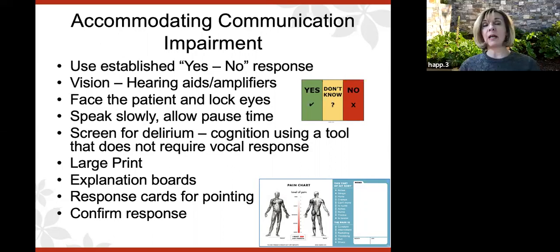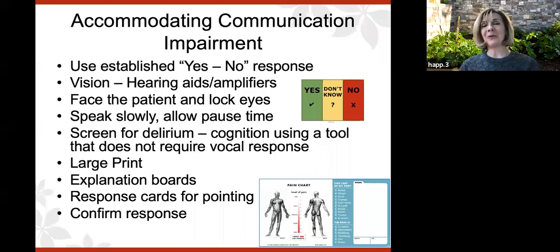Certainly providing hearing aids or hearing amplifiers. There are a variety of choices there. Facing the patient, locking eyes, speaking slowly and allowing a pause time. For patients who are suddenly without voice, as in the intensive care unit, they really need to think about how they're going to answer a question.